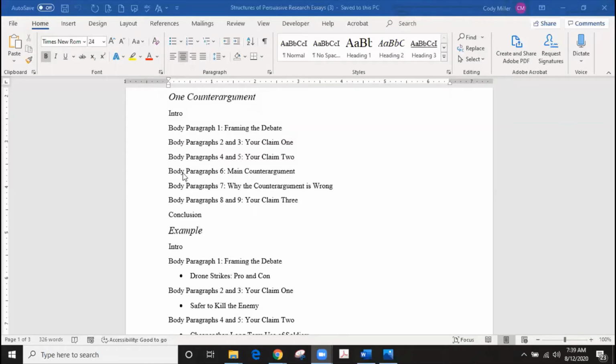So you'll notice that body paragraph 6 and 7 work together, but body paragraph 6 is saying, here's the counter argument to my main argument. But then body paragraph 7 says, this is why that's wrong. So we would have sources to counteract even that counter argument that is there. And so that would be what we would call the rebuttal or the refutation in that case.